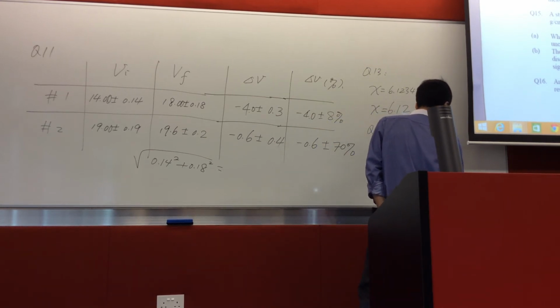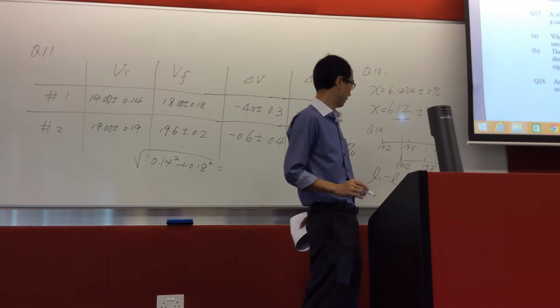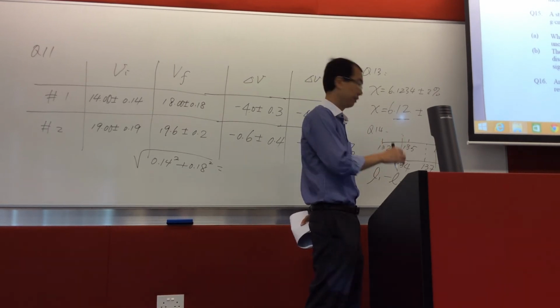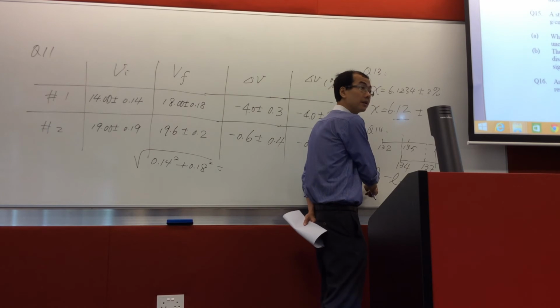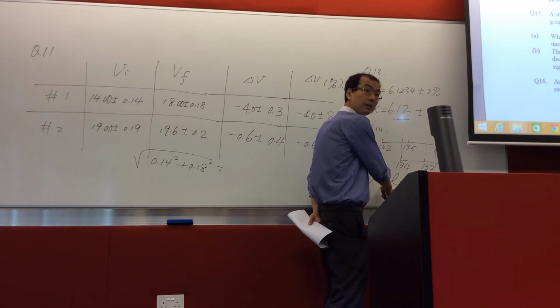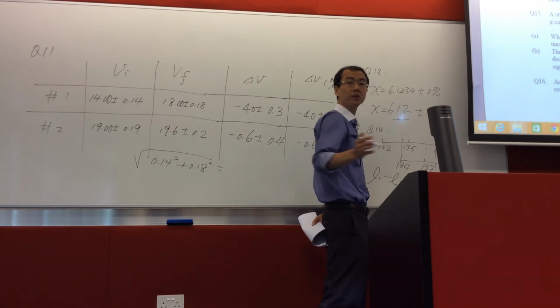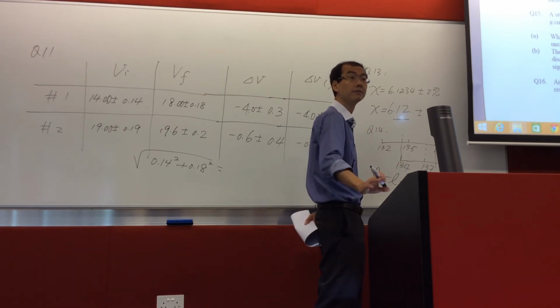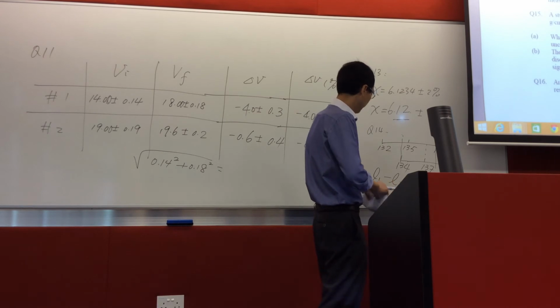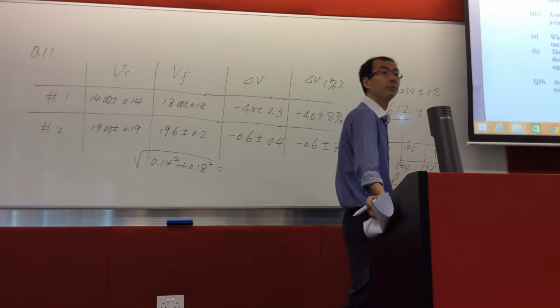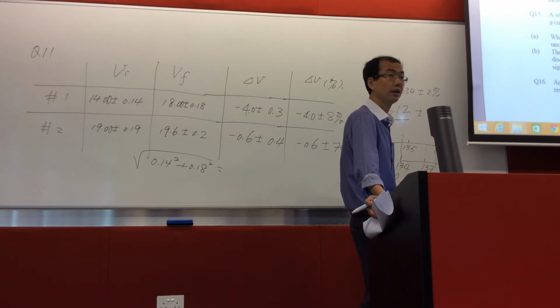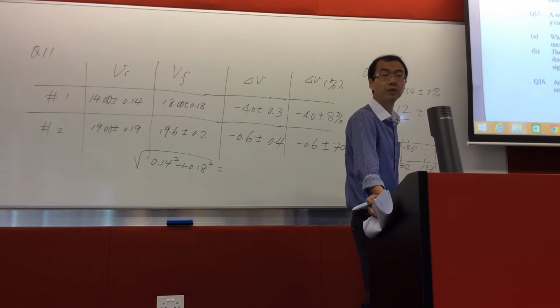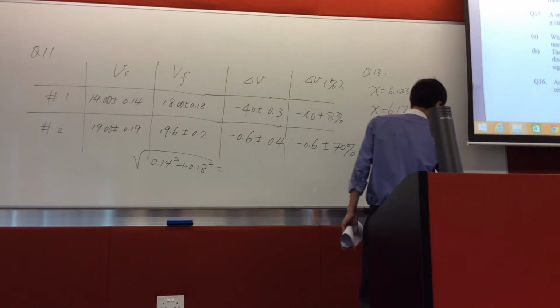What's the uncertainty? The uncertainty in L1 is 3 and in L2 is 3, so the uncertainty of the final result is 6, plus minus 6.